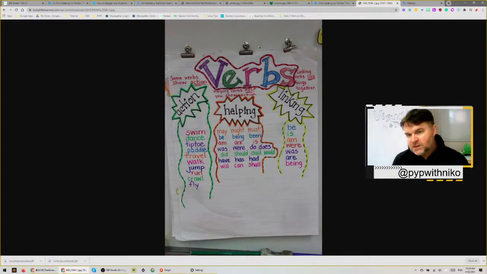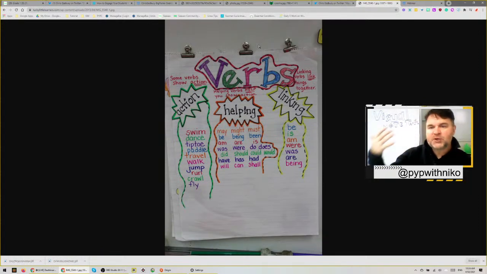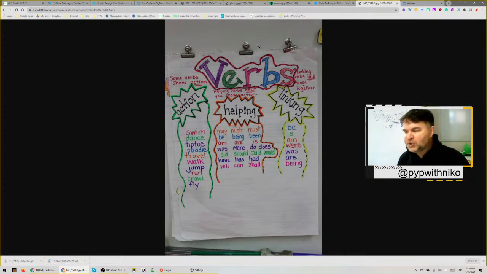Also, some teachers use these as anchor charts, visual types of charts. Again, here you can see we have a title, we have subheadings, and they are visually pleasing. They're jumping out at us so that it is easy for us to remember.